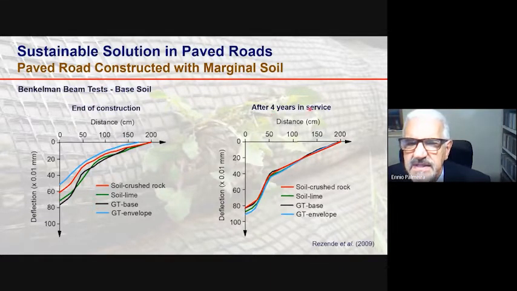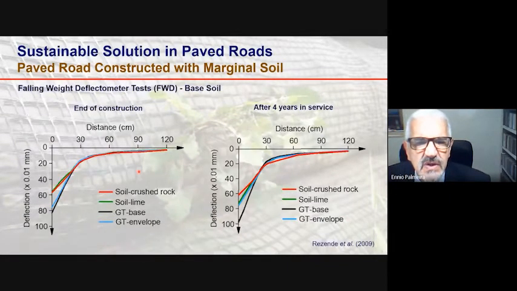Here, after 4 years in service, here at the end of construction, here, after 4 years in service, and in this case, the results are very similar, showing again the good performance of the combination of fine-grained soil and geotextile in comparison with the standard solutions, the common solution used.